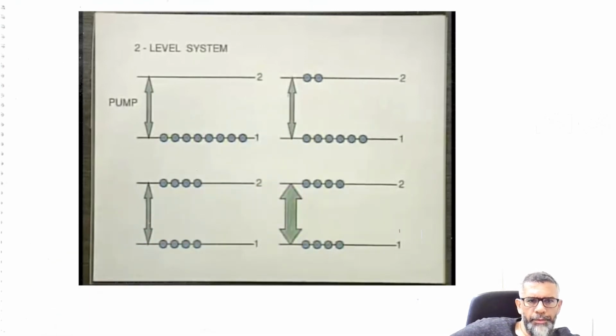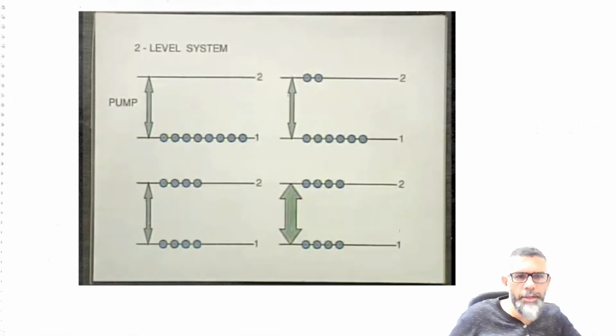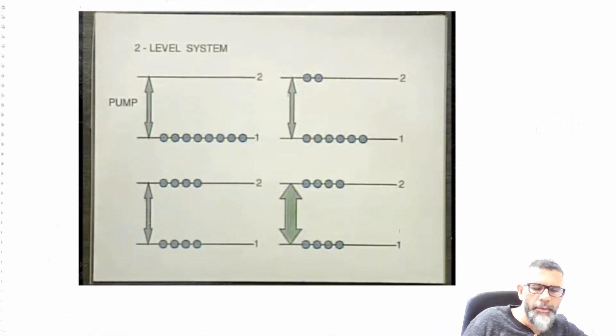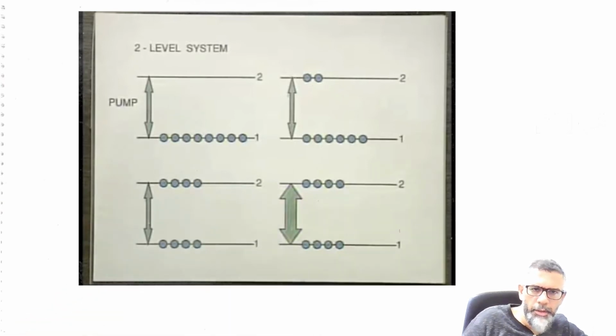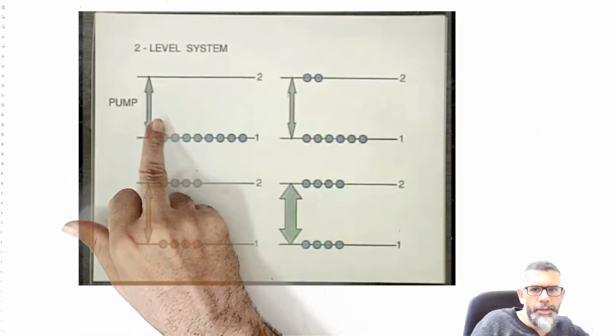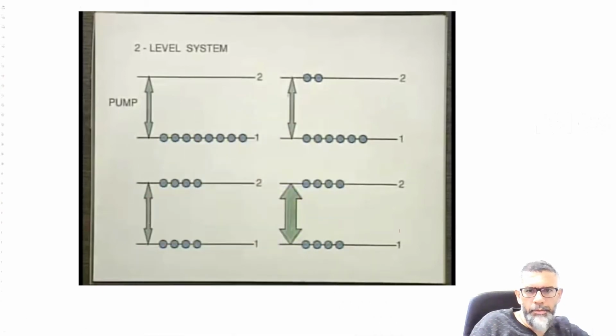The pump might be some extra energy that is given to the gain. This might be electrical energy, maybe thermal energy, or chemical energy. Some kind of energy just takes the ground state electrons into the excited level.